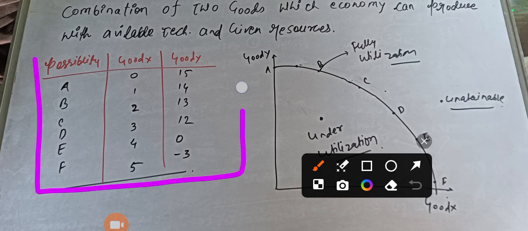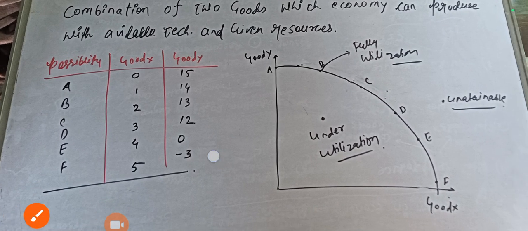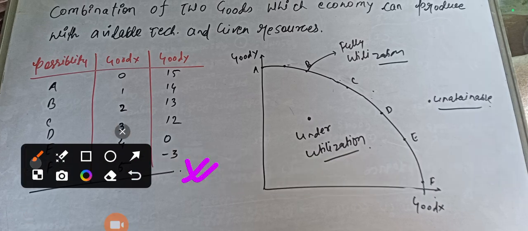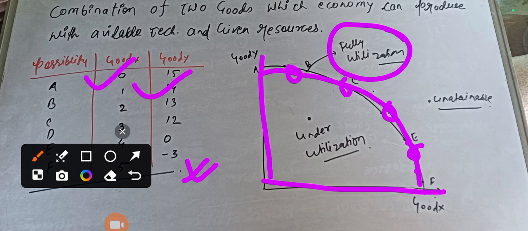When we draw this schedule on a graph, we will get this kind of graph, a concave shaped graph. You can draw it on your paper. This is good Y and this is good X. We get a concave shaped graph like this, and the points on this curve are called full utilization.